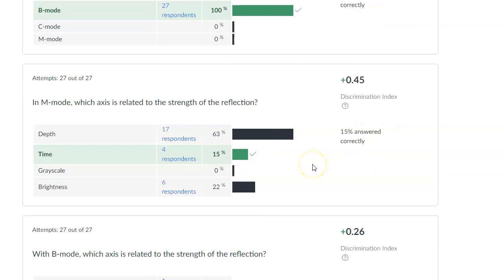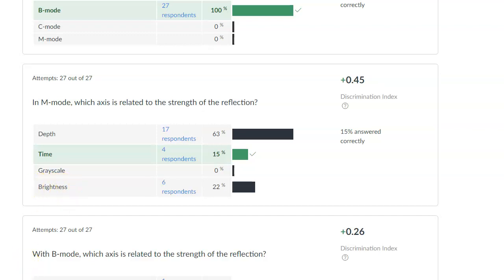In M mode, which axis is related to the strength of the reflection? And so the correct answer, which is not marked on here, the strength of the reflection would be the brightness, and so I need to go in and correct that one. Somehow it got marked as time. That's not correct. The axis which is related to the strength of the reflection is the brightness of the pixels.